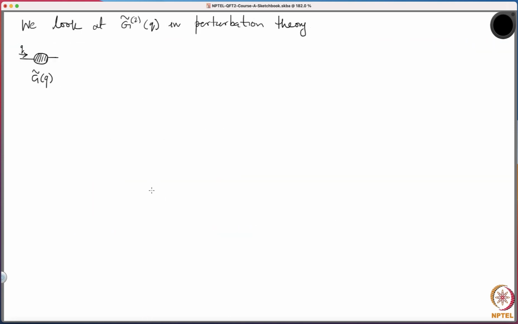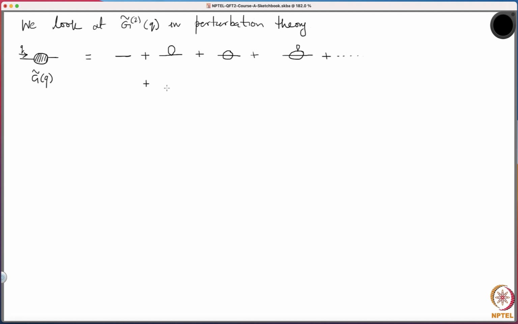And we saw that for phi 4 theory, this is the sum of all these diagrams. This is an order lambda diagram because you have one vertex. This is an order lambda square diagram. You have such diagrams and many more.